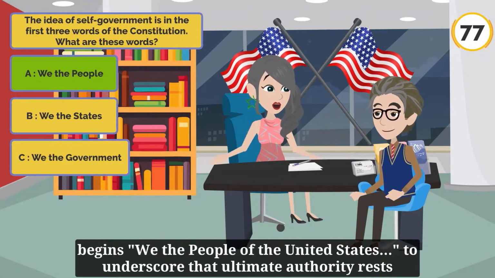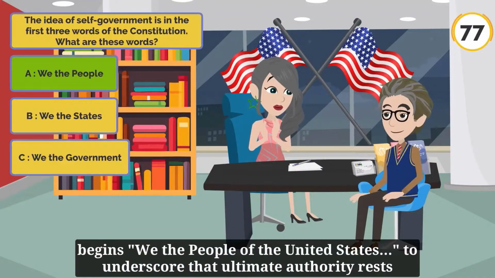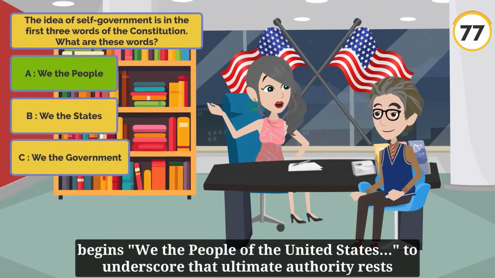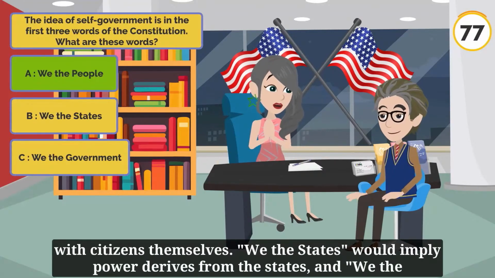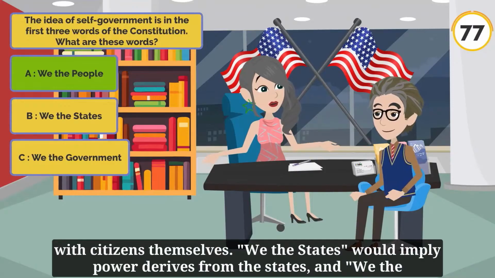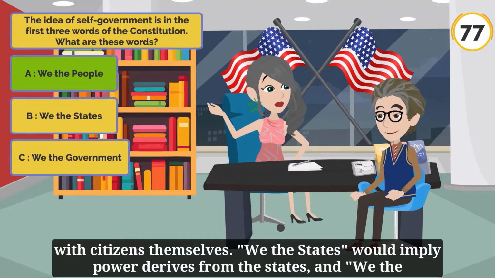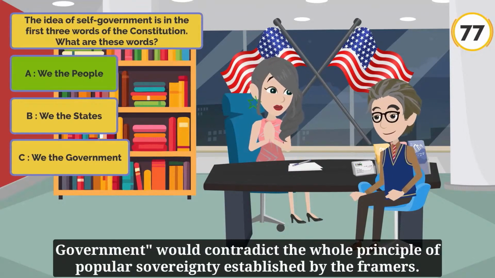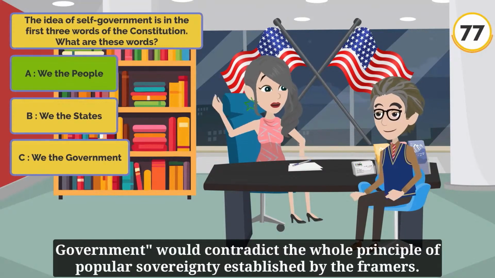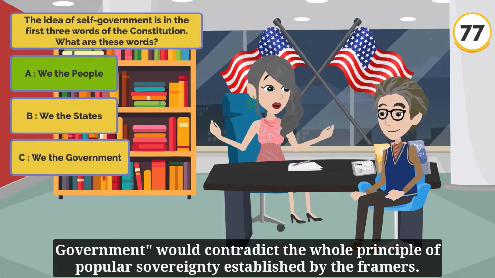The preamble begins, "We the people of the United States," to underscore that ultimate authority rests with citizens themselves. We the states would imply power derives from the states, and we the government would contradict the whole principle of popular sovereignty established by the framers.